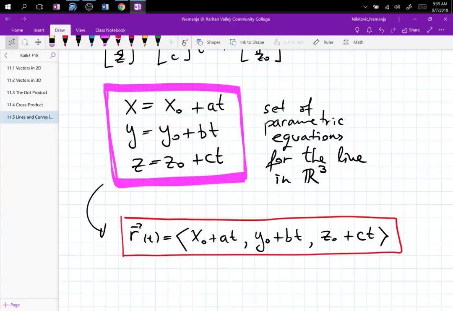This is three equations that you always must show, all three. Three equations which are describing a straight line in 3D realm. Obviously, each one of these is a linear line, and when you combine three of them at the same time through parameter t, let's say time, then you get the line that is slanted in space.